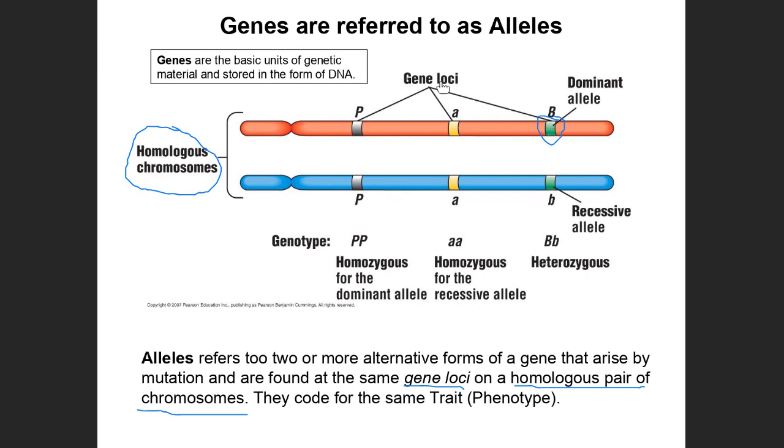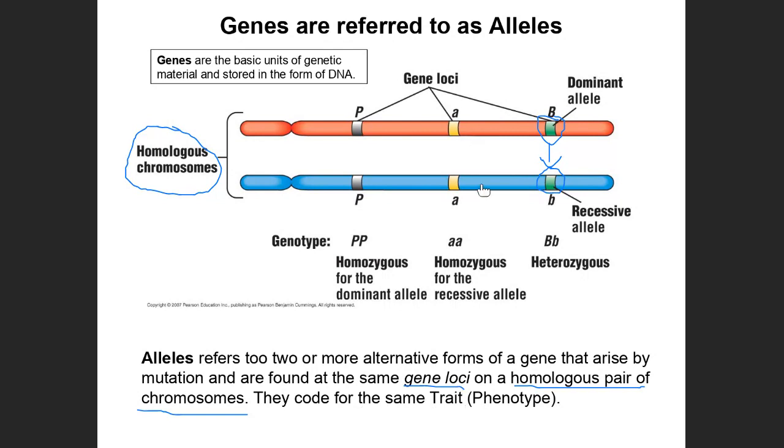One, they know the gene loci, the location of that gene on that one homologous chromosome out of the two. Based on that one, all they have to do with the other homolog is they don't have to scan it. They just come right across to the same location on the other homolog, and they know, hey, this is where I'll find the other gene that codes for the same trait.